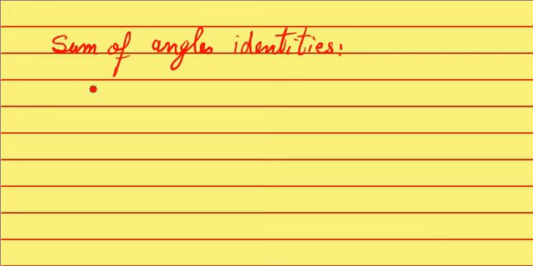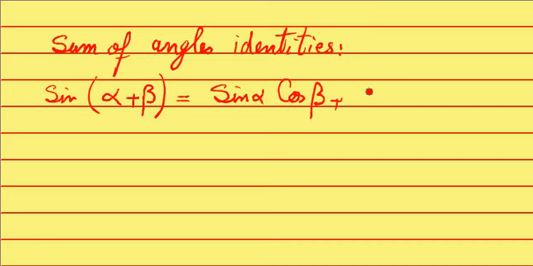At issue here is if I have an angle, let's call one of them alpha, and I have another angle, say beta, and I want to find the sine of the sum of these two. What is that going to be? If you remember, that is sine of first, cosine of second, plus cosine of first, sine of second.